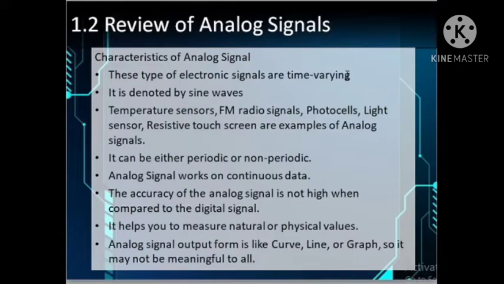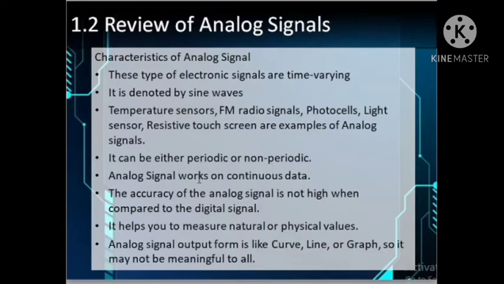Its value, for example voltage, changes over time. That's why its graph is like sine waves, wave after wave. Examples are temperature sensors, FM radio signals, photocells, and so on. It can be either periodic or non-periodic.